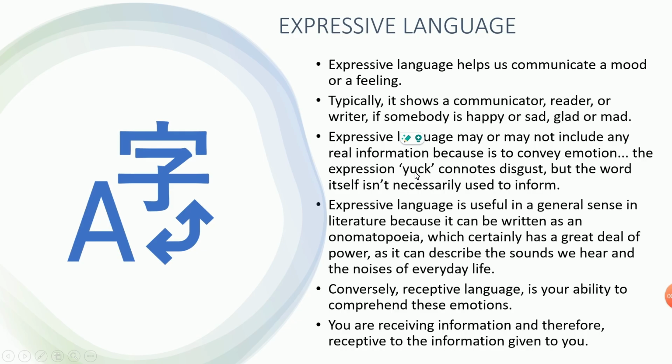Yak denotes disgust, their own disgust. For example, in Tamil, Ayyo. We might have fallen or something, and we might say that, stressing out. That single word need not convey any information, whereas it conveys our own mood or feeling at that particular time. The expression yak connotes disgust, but the word itself isn't necessarily used to inform.